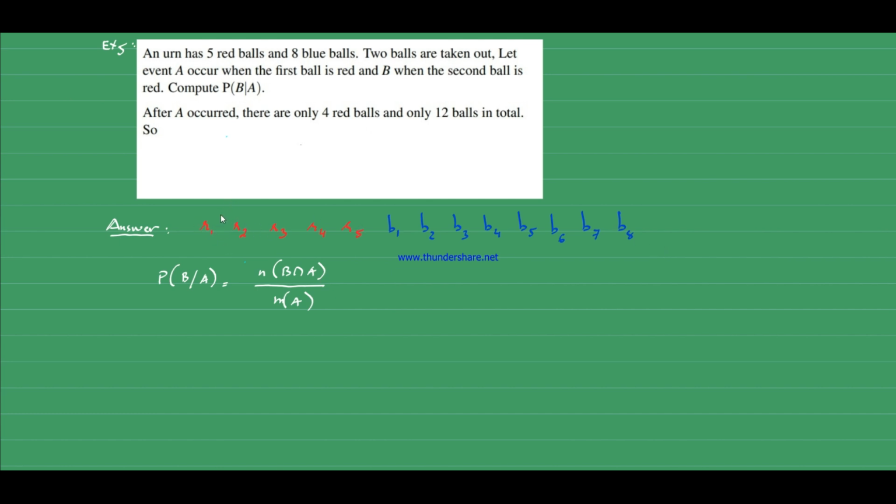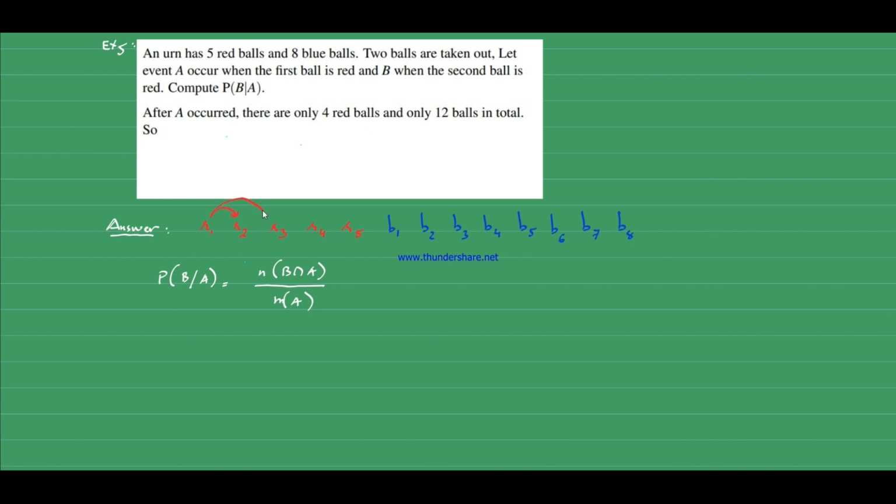If you look at the balls right here, you will see the pairs of red balls go like this. The first red ball is this one, then the second red ball is R2.